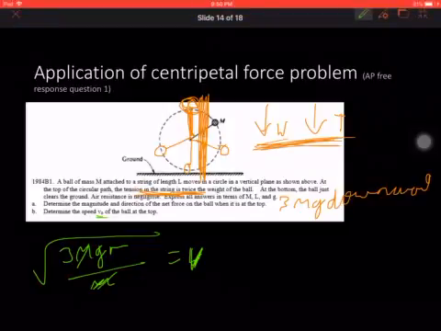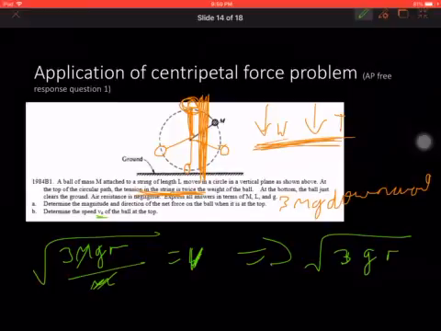When you simplify all that out, it comes out to root 3GR. Oh, I forgot one thing.